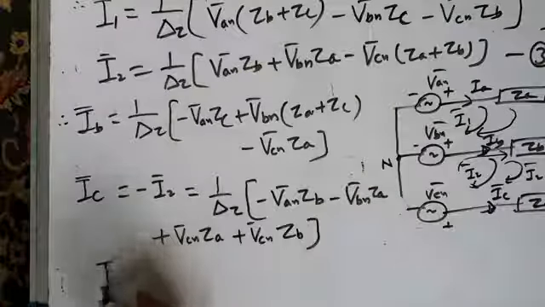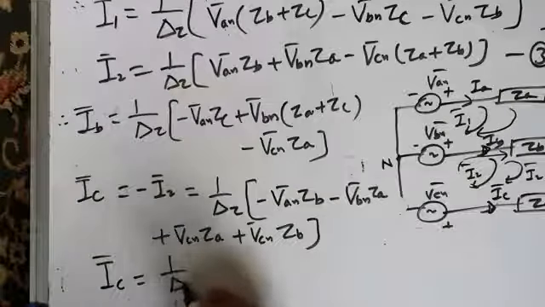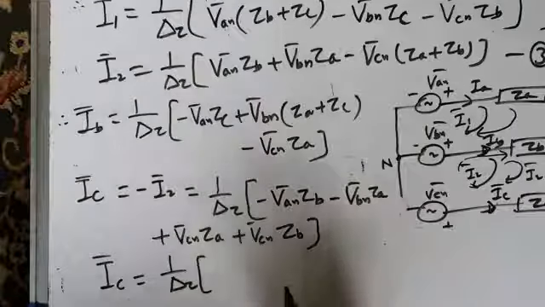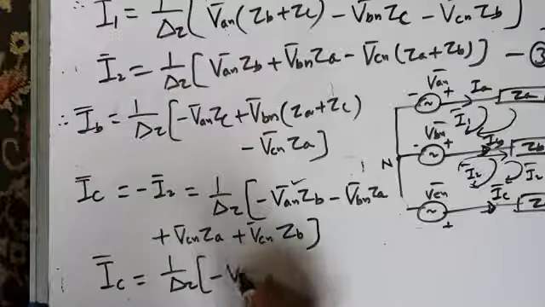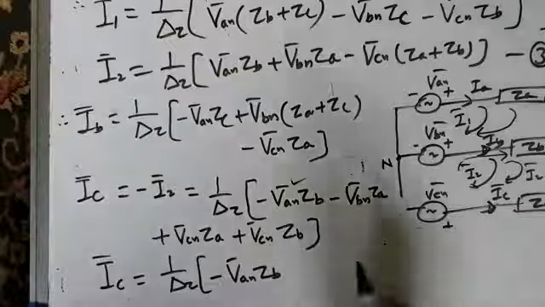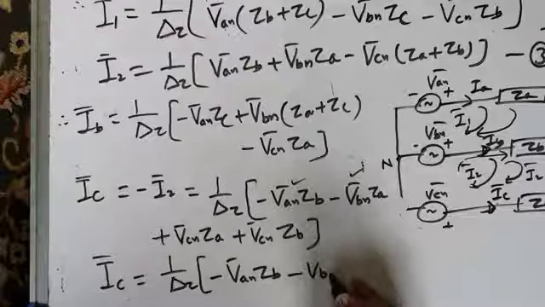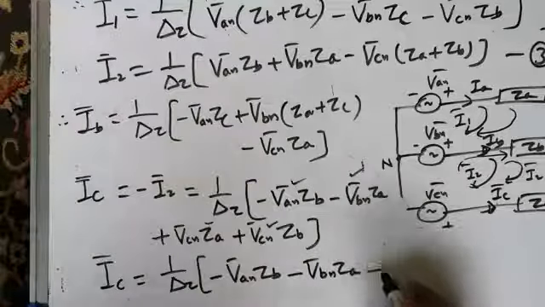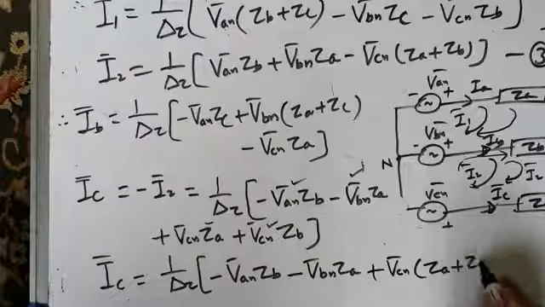Okay, so your IC will be now equal to 1 by delta Z times VAN, this I will write minus VAN ZB, right? Minus VAN ZB. Now VBN is this, minus VBN ZA, and then I will write VCN term. I have two VCN terms, plus VCN I will take common, inside I will get ZA plus ZB.